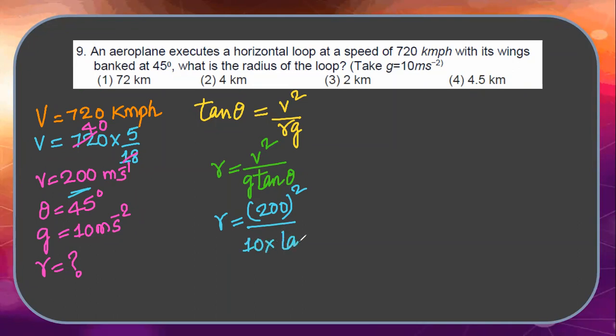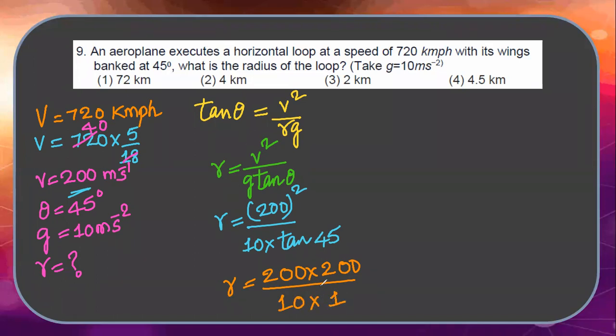So tan 45. Tan 45. Then R is equal to 200 whole square is there. 200 into 200 divided by 10 into tan 45 will be 1.